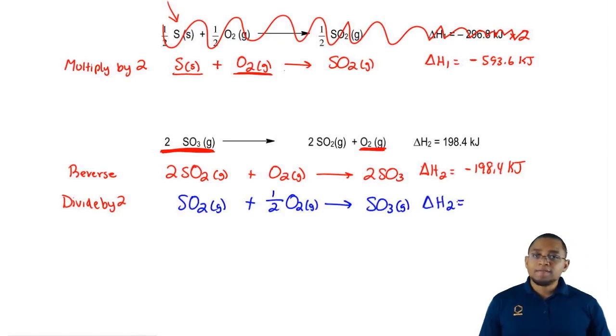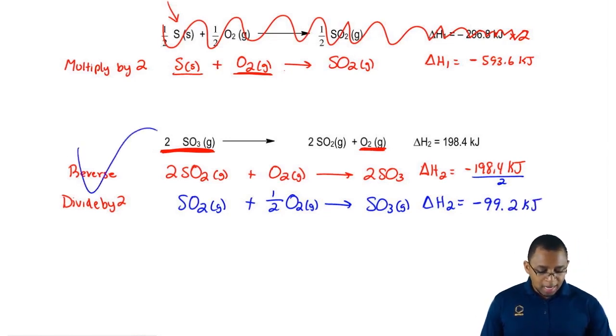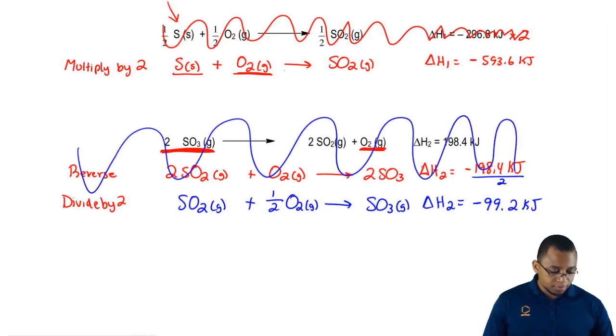And of course, if we divide the equation by a number, then we also have to divide delta H by that same number. So this is going to get divided by 2. So now my new delta H is negative 99.2 kilojoules. These 2 got manipulated, so they're both gone.